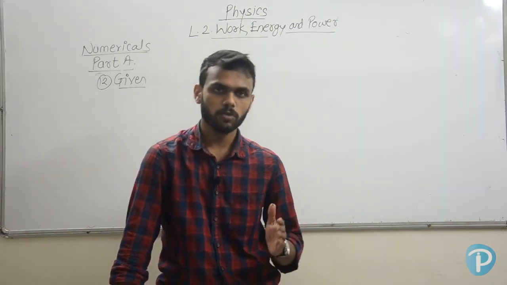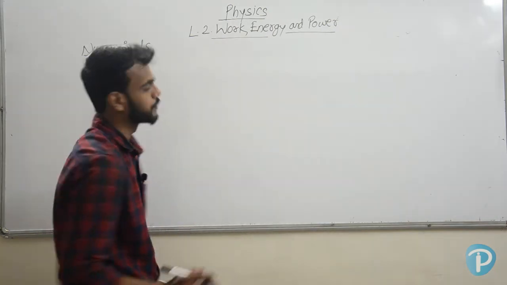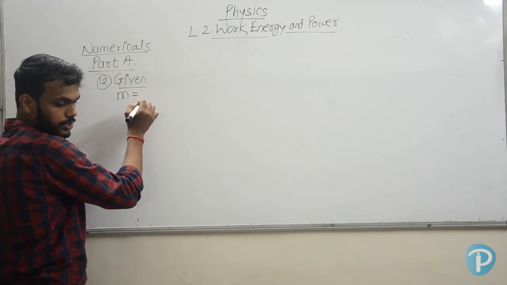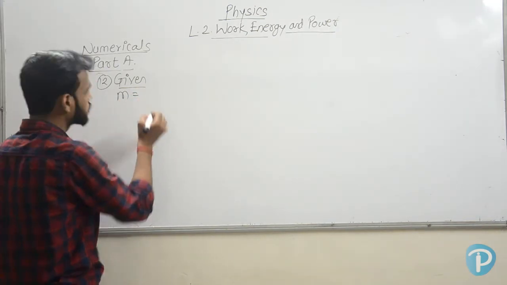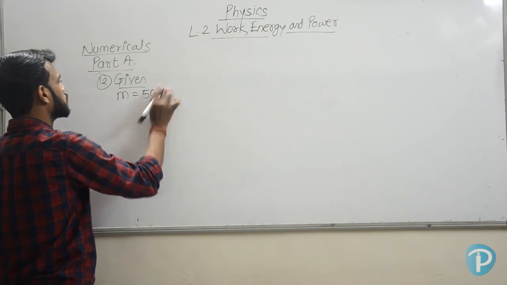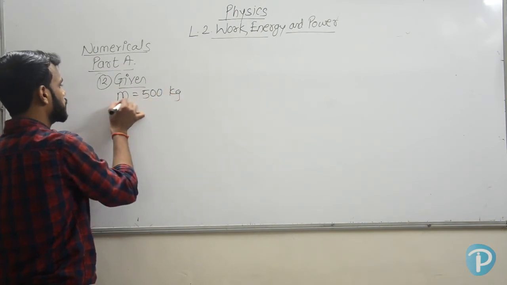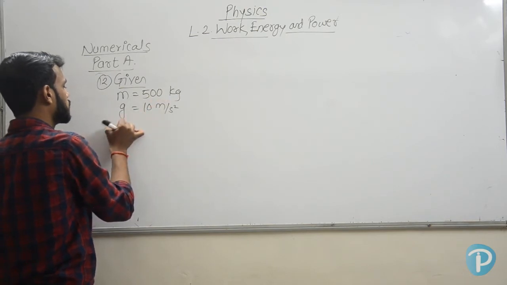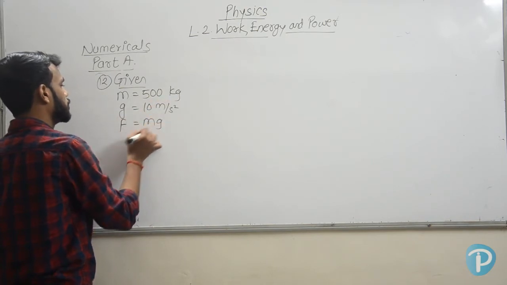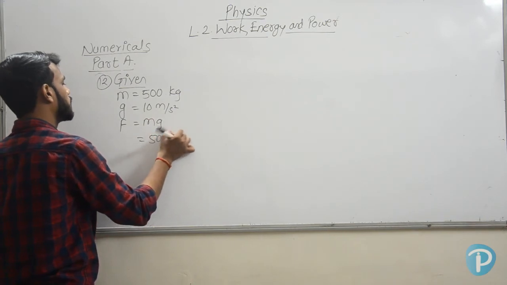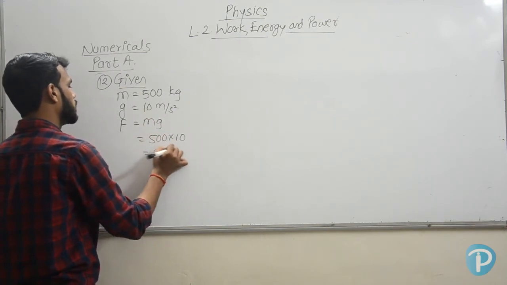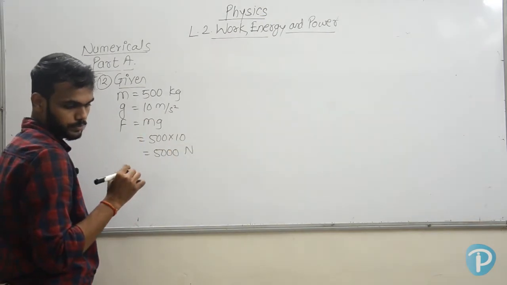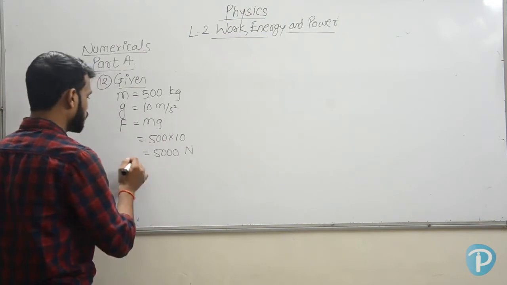First of all, we'll write the given data. Mass is given, which is 500 kg. Here the value of g is also given, which is 10 meter per second square. So we can convert it into force, that is m into g. 500 multiplied by 10 gives 5000 Newton. This is the force. Now it is lifted from a depth of 80 meter.